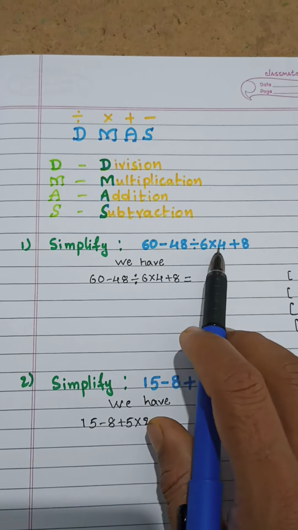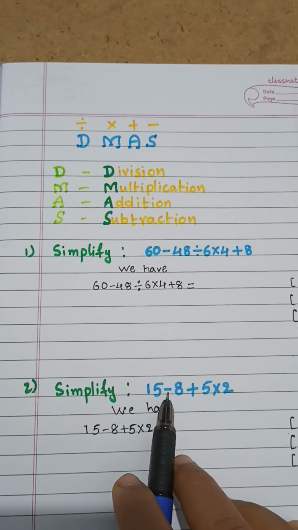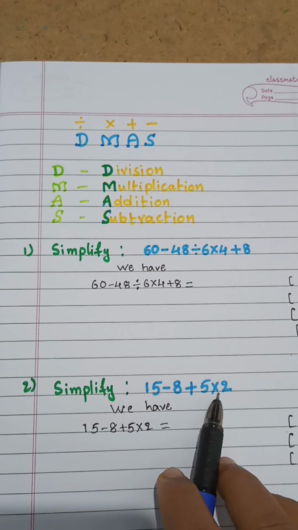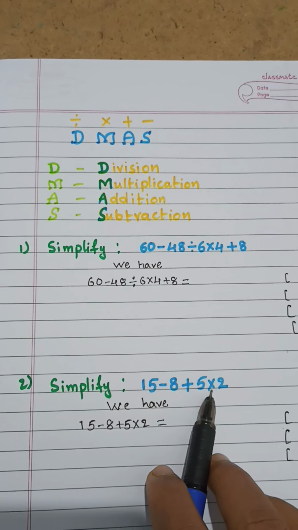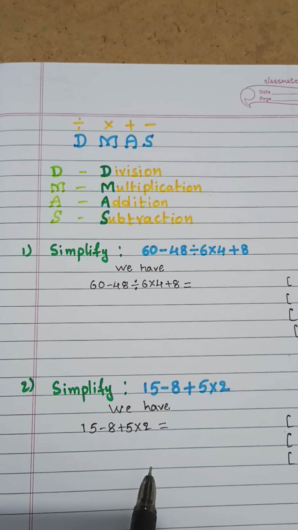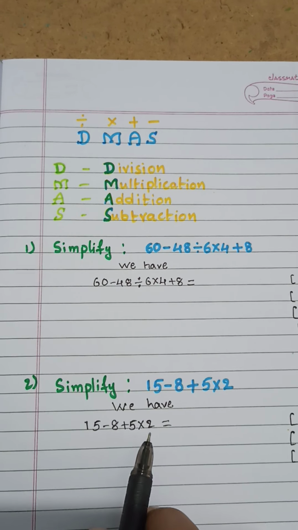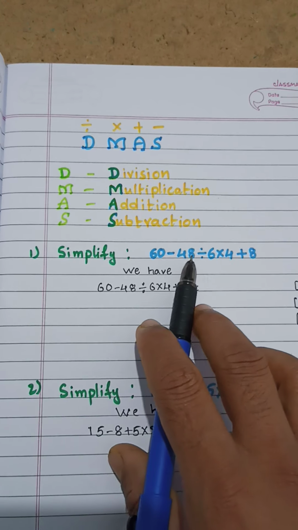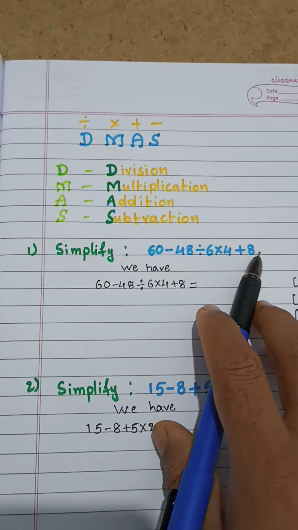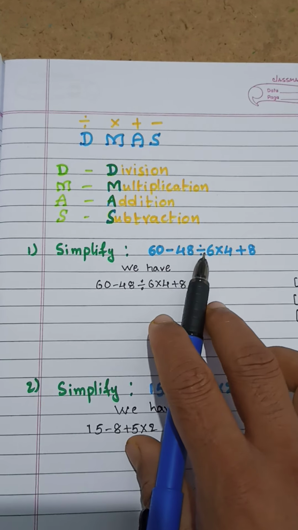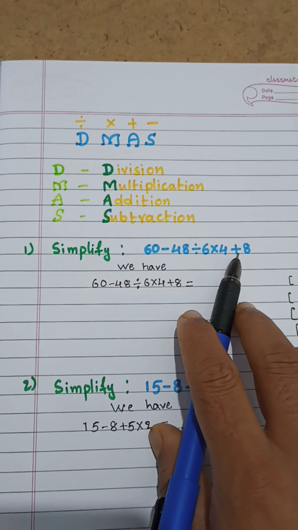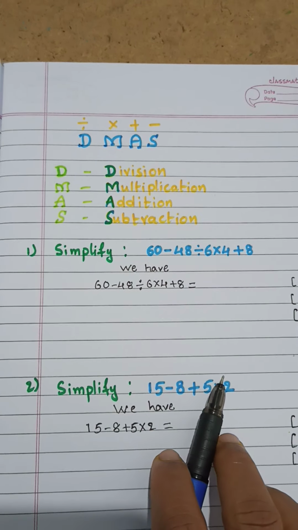It is called a numerical expression. In the second one also, the numbers 15, 8, 5, 2 are connected by minus, plus, into. It is called a numerical expression. Thus, we can say a combination of numbers connected by one or more symbols is called a numerical expression.